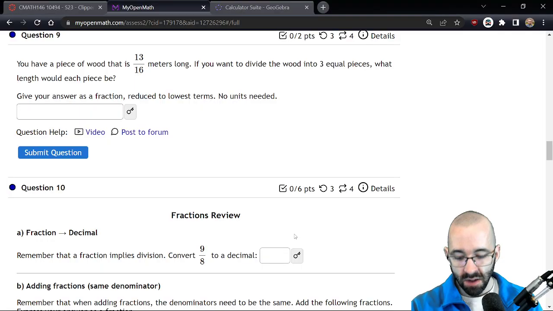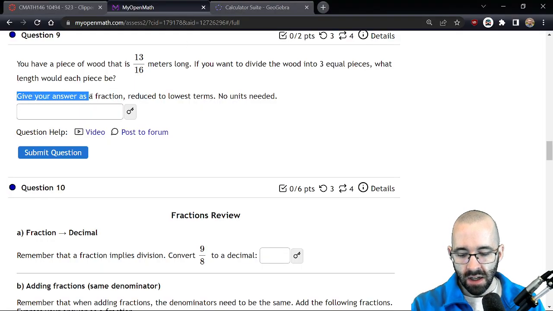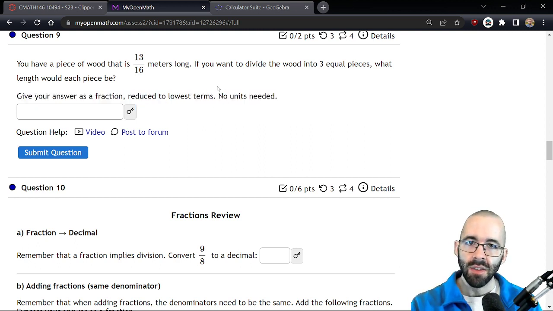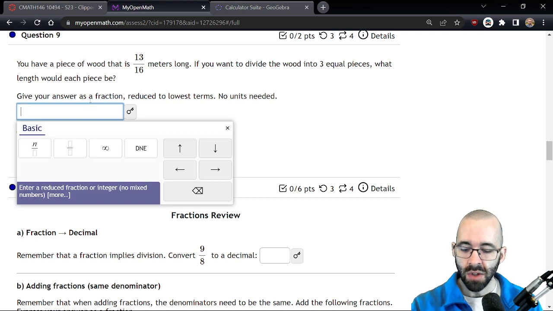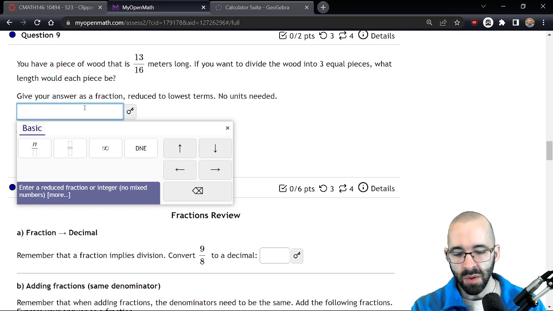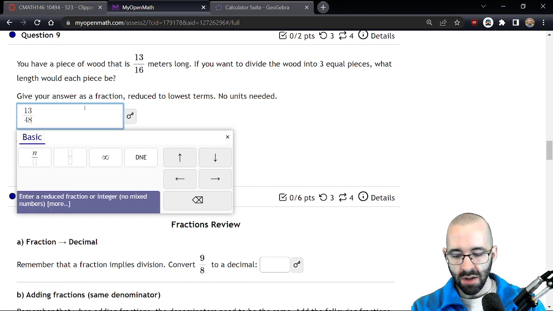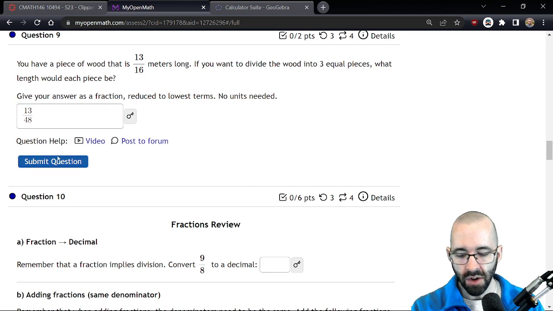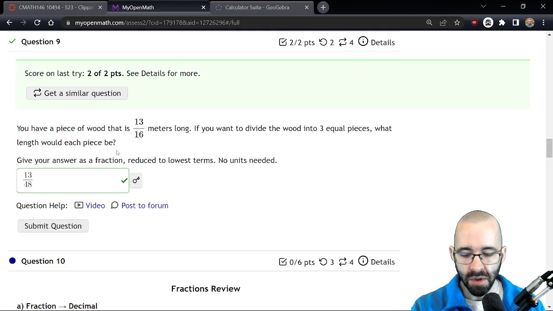Let's make sure we read the problem and see what it wants us to do as our answer. Give your answer as a fraction, reduce to the lowest terms, and you need the units on your own paper, but you don't need the units from MyOpenMath. You should be aware of the units, but always read the instructions to make sure that you're entering the answer in the way that it wants you to do.